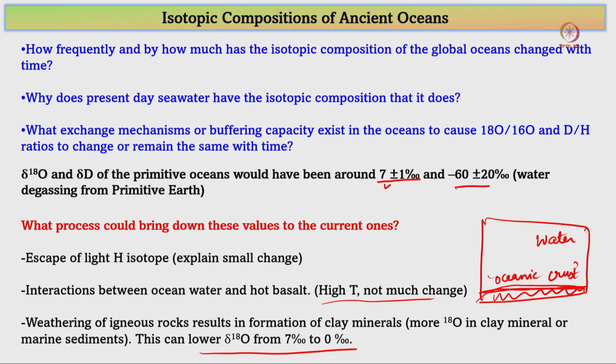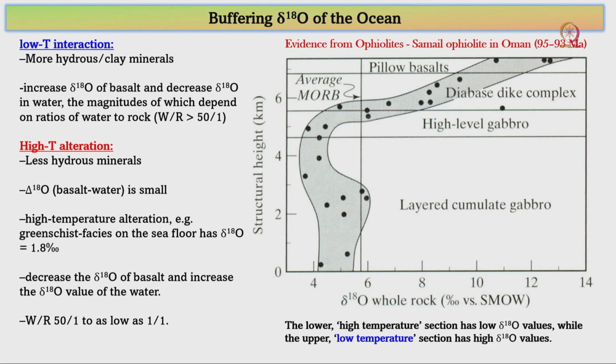So, during the formation of the clay minerals, 18 oxygen from the water gets incorporated into these hydrous clay minerals or the marine sediments, whatever is getting formed. That will trap the 18 oxygen. That is a major process by which 18 oxygen can get removed from the ocean mass.